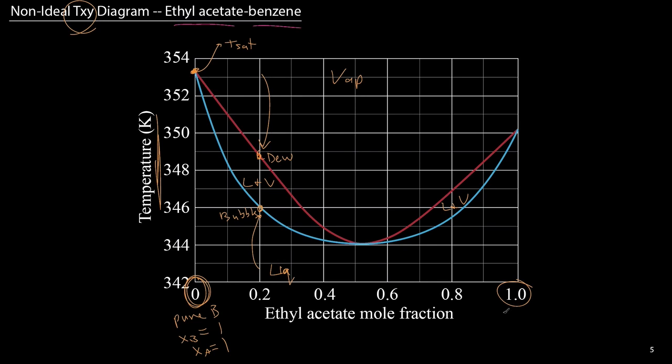Likewise, over here, we have XA is equal to 1, so we have pure A, and XB is equal to 0. We have no component B. And we can see over here that the Tsat for B is lower than the Tsat for A, and that makes sense because we have a more volatile species for A. But we can't have a region where we have liquid and vapor of only pure A at temperature other than its saturation temperature.